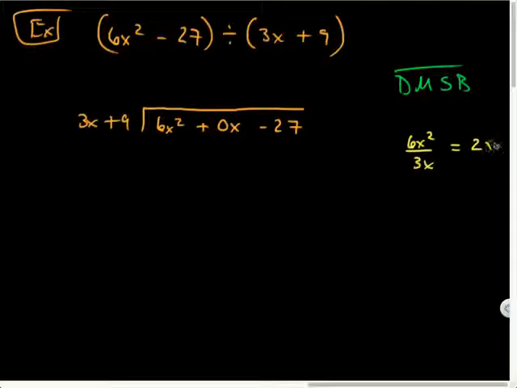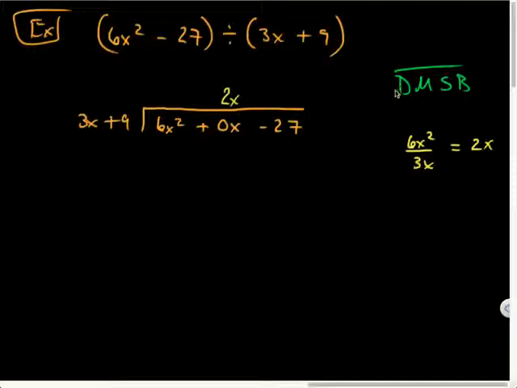X squared divided by x is x. Which column should I write this in? Yeah, in my linear column, right? My x to the first column. If I didn't have this column represented here, if I didn't have this placeholder, my work ends up getting crunched together and I really start messing things up bad. Okay? So that's really the primary reason that it has to be there.